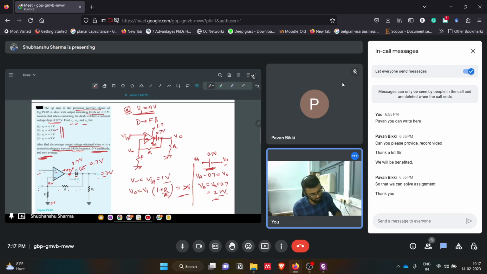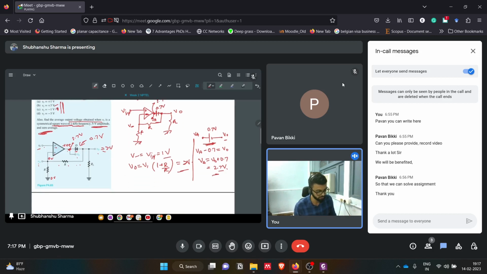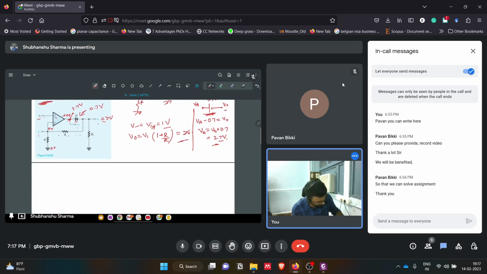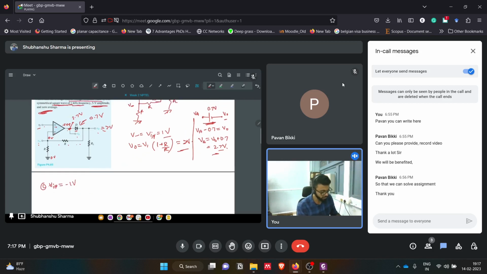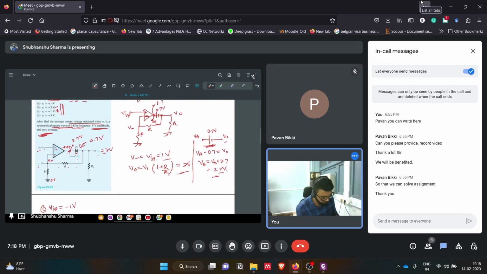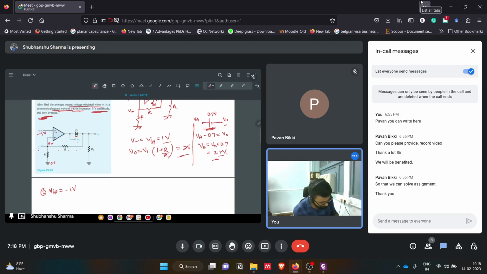But what if we consider the negative case, minus 1 volt? In part C we have V input as minus 1 volt. What will happen if we give a negative voltage?